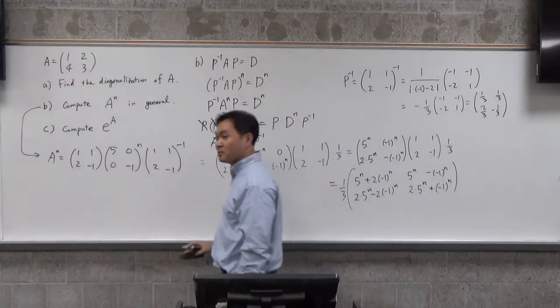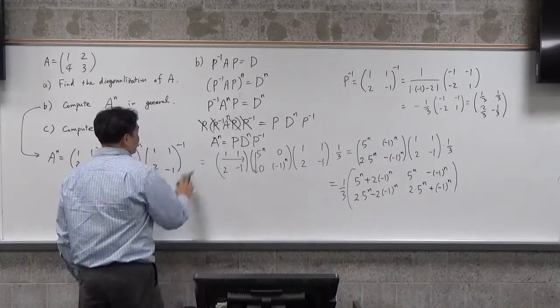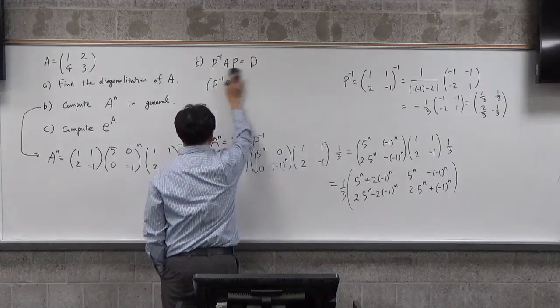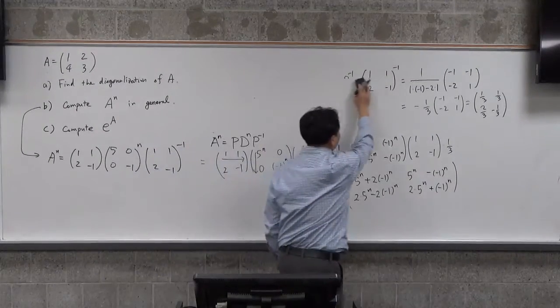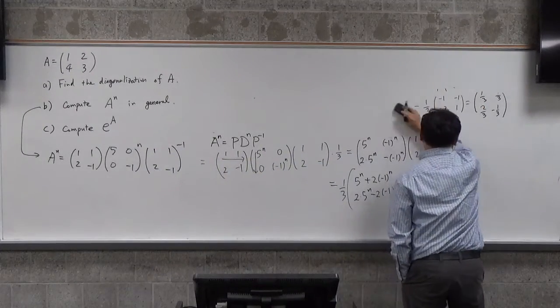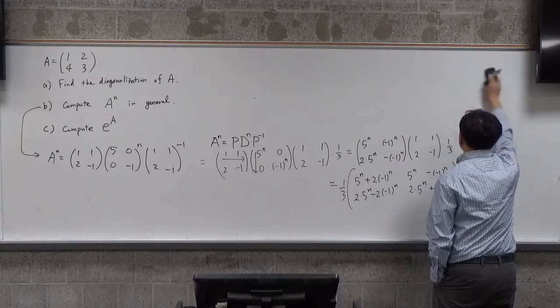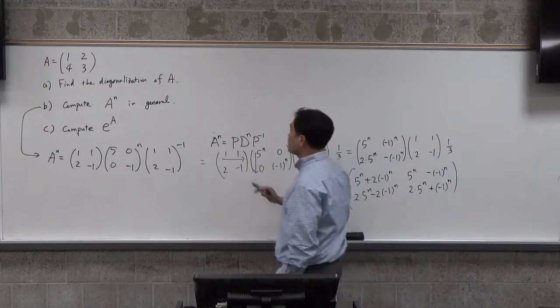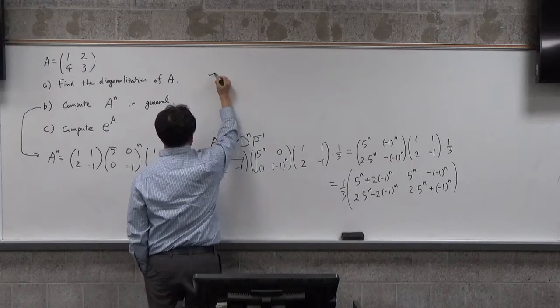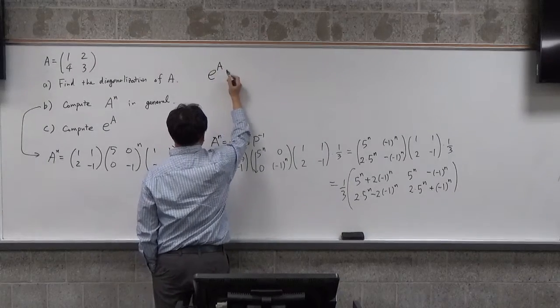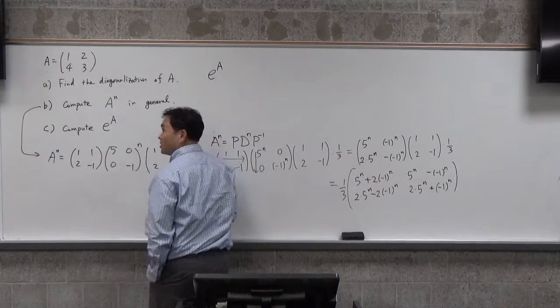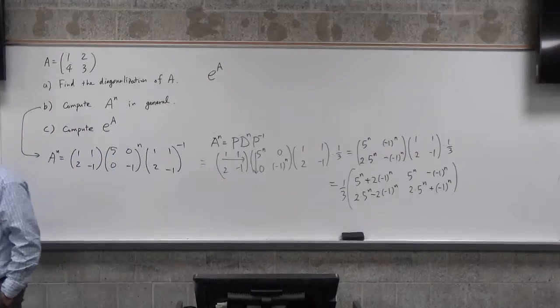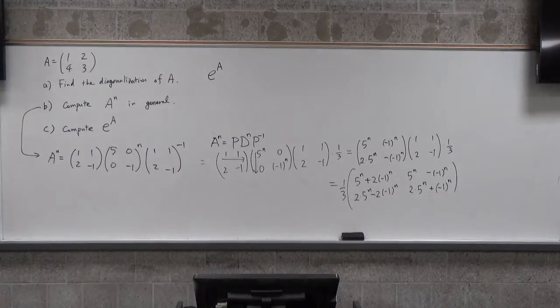Any questions? All right. Now, what about e to the A? Okay, first of all, who remembers what e to the A means? Who remembers what e to the A means?